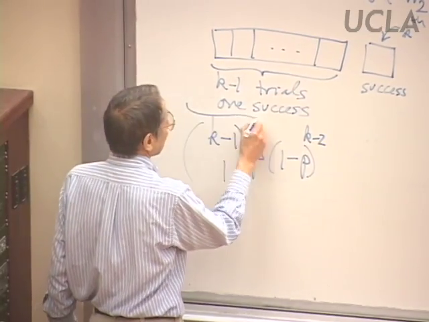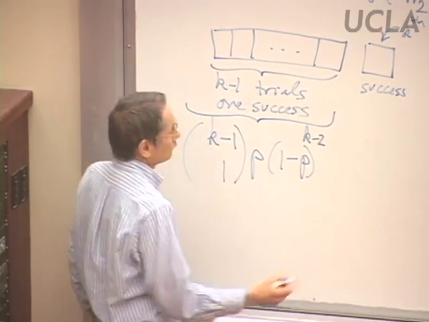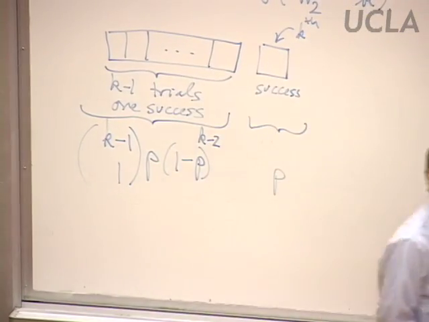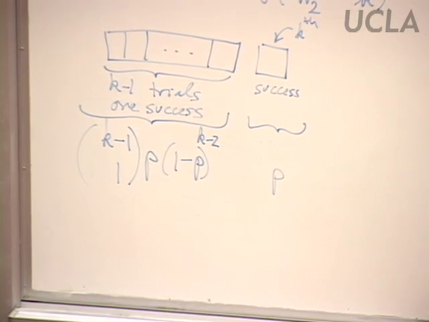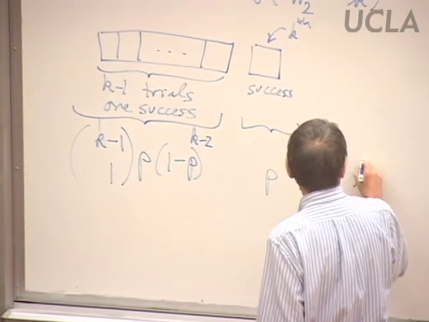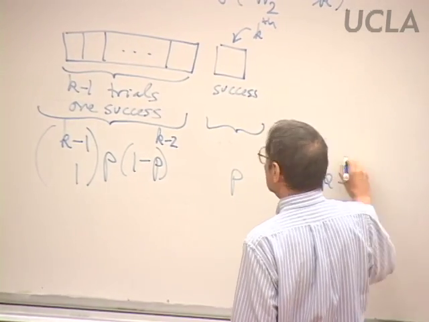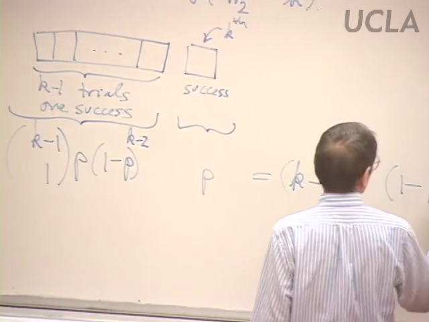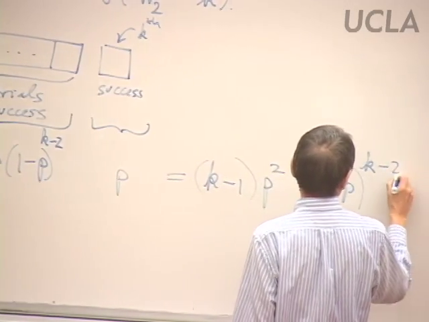So that's the probability for that much. And the probability of that one success is just p. And they're independent. We multiply. K minus 1 times p squared, 1 minus p to the k minus 2.